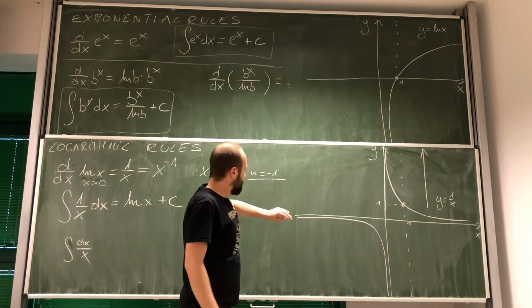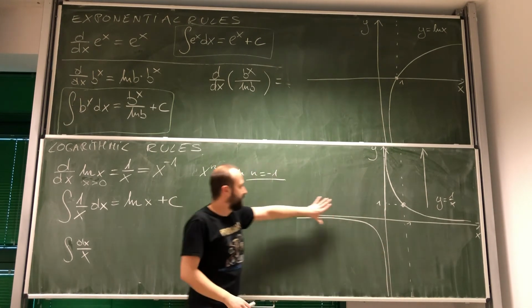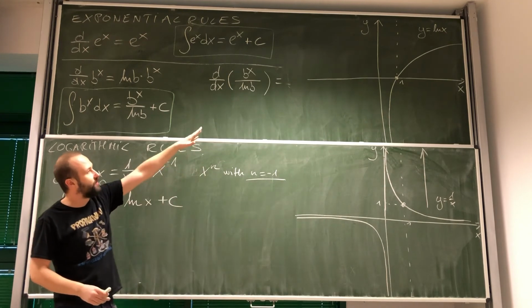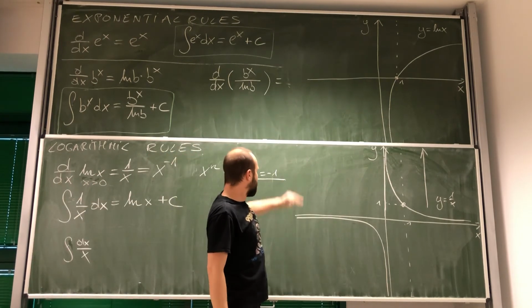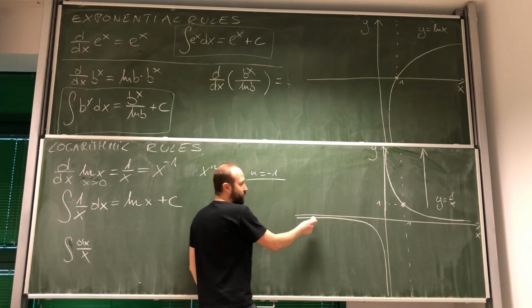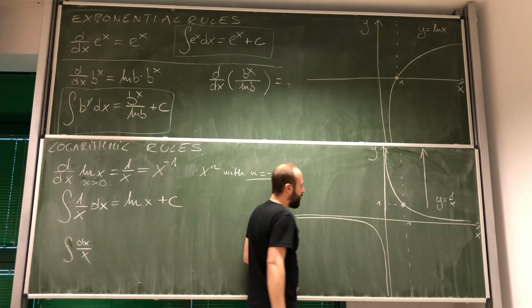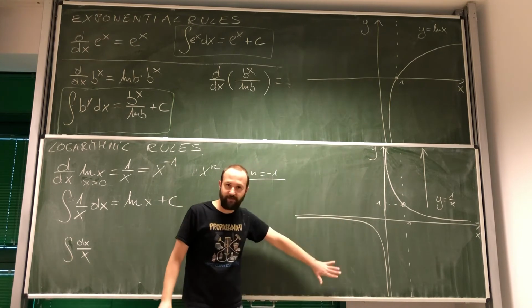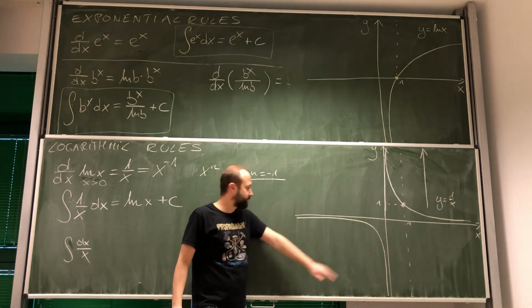Now, we need to have something that will work also over here. And look, we know that this function here is depicting the derivative of the natural logarithm. So how should this function look? We know that it should be downward sloping because all the values of the derivative here are negative.